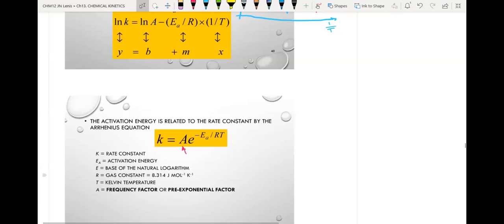This factor takes into account variables like orientation of molecules and effective collisions during the process.